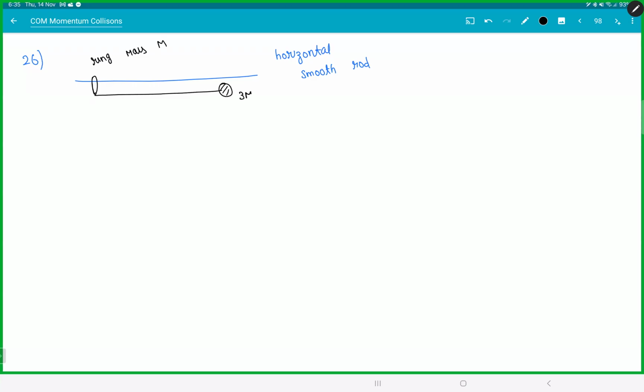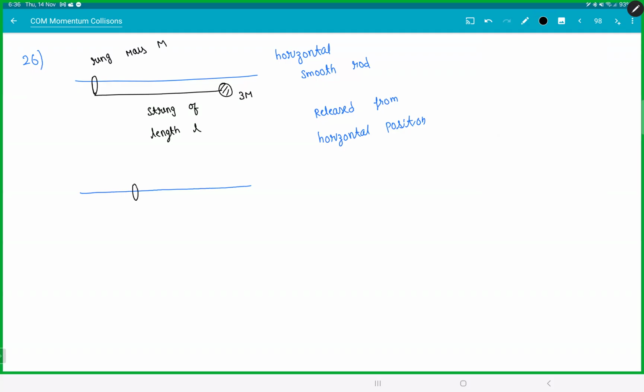This is 3m. This is a string of length L. You release this from the horizontal position. Then what will happen?